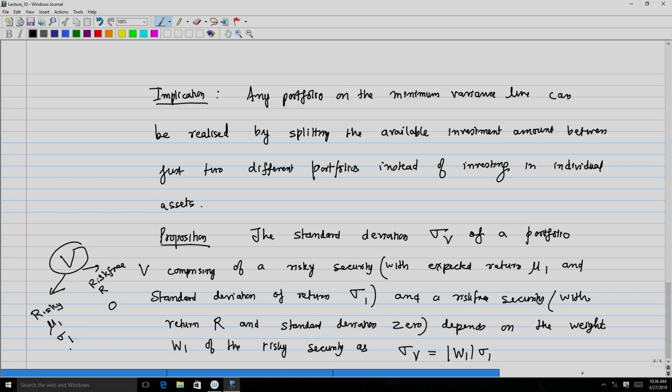The corresponding weights that I assign to the risky asset and the risk free asset are W1 and 1 minus W1 respectively. Then the standard deviation sigma v of this portfolio comprising of just these two assets, one risky and one risk free, is connected to the standard deviation of the risky asset in the portfolio by this following relation.